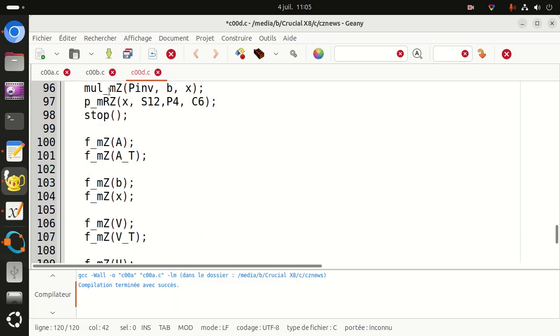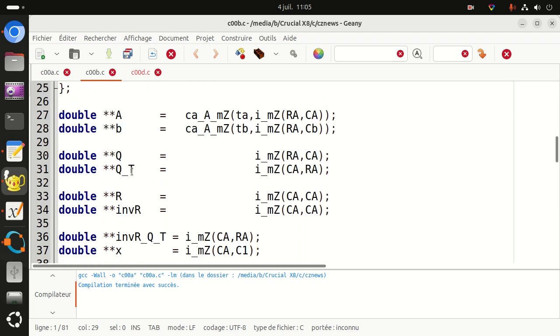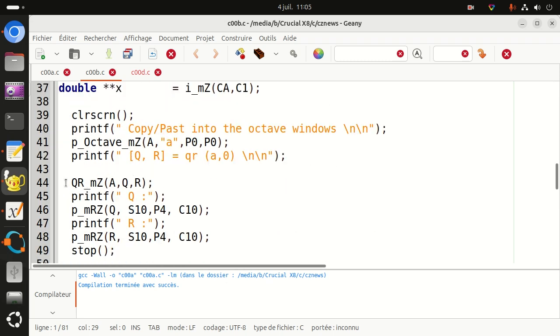Alors, the code. You have the function QR factorization.